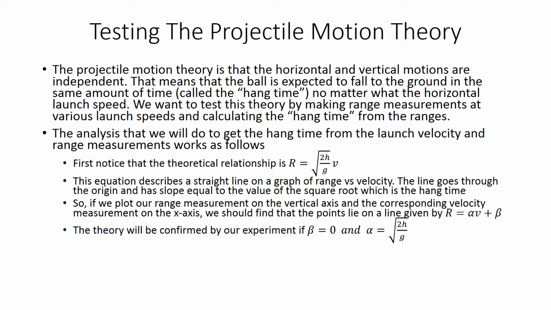Ideally, since this goes through the origin, beta should be almost 0. Should be equal to 0 theoretically, but of course there will be a little bit of error in our measurements. And alpha should be equal to the hang time, which we know how to calculate because it's just determined by the height of the countertop.